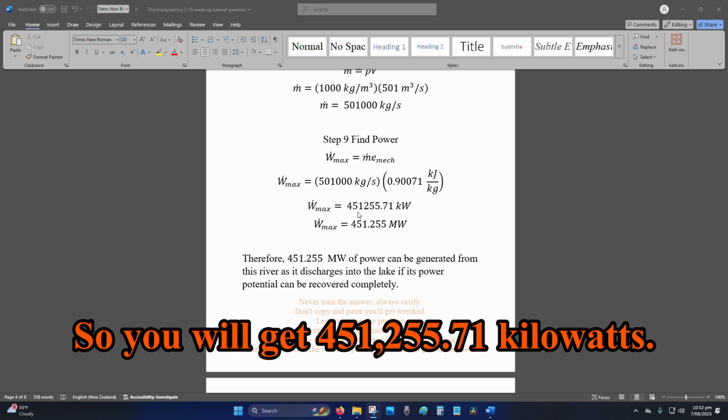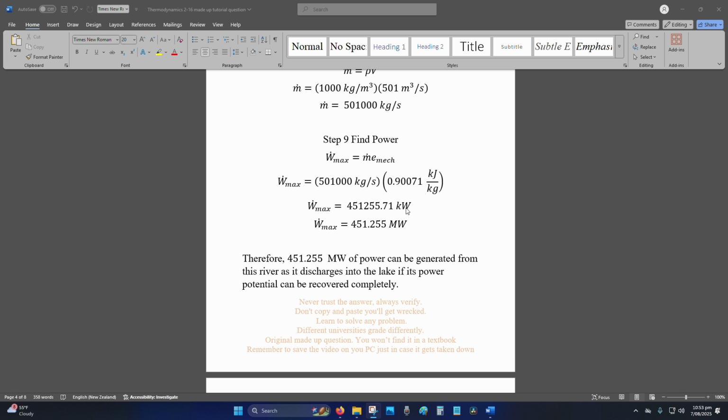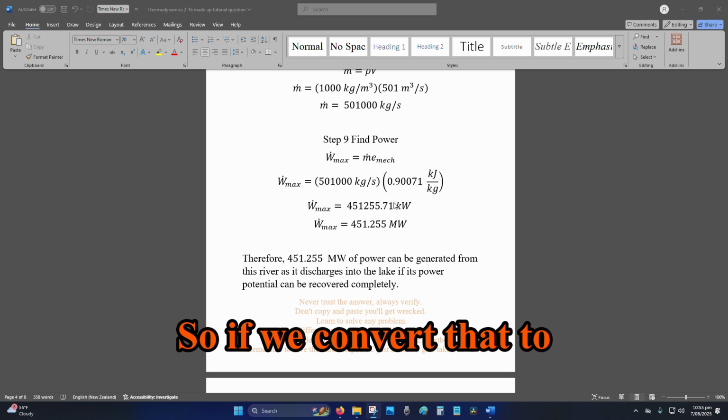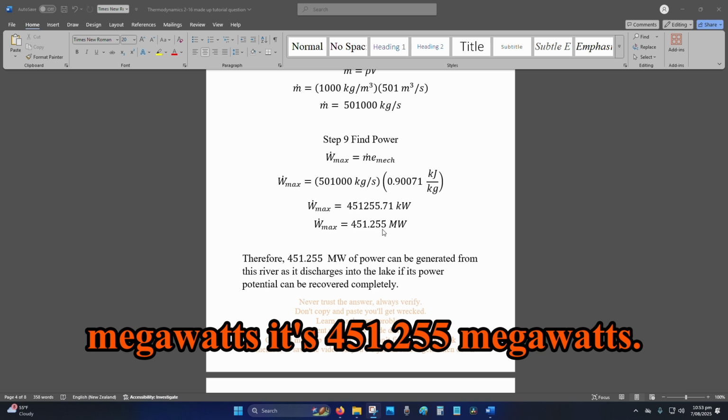So you will get 451,255.71 kilowatts. So if we convert that to megawatts, it's 451.255 megawatts.